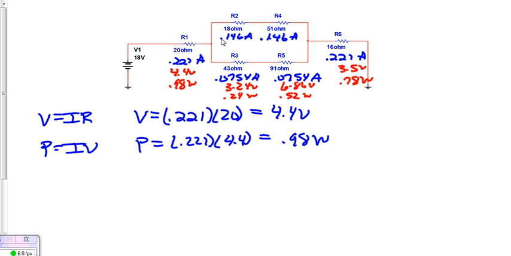Okay, going up to this resistor here, the volts on this one is 2.63 volts. And 0.38 watts, I'll write it over here. And lastly, for this resistor here, we have 7.54 volts and 1.09 watts.